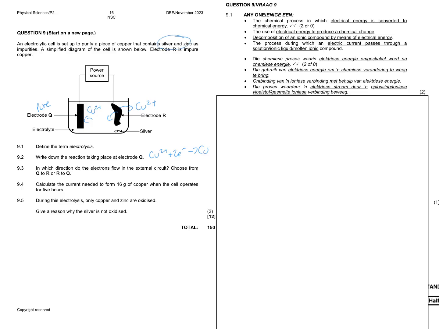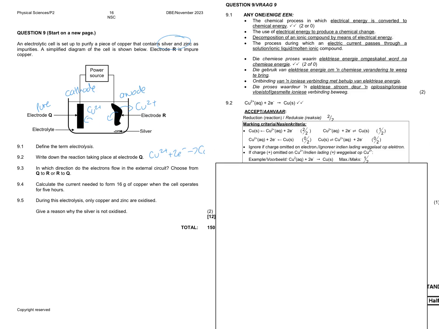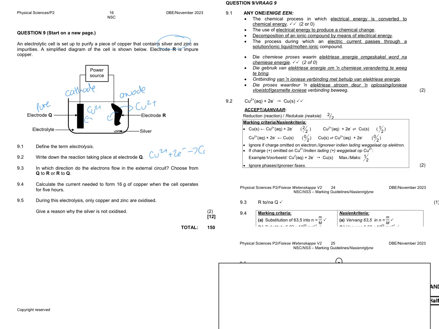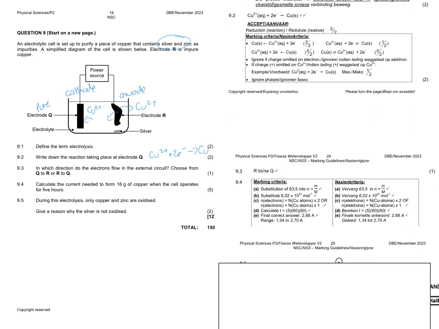Then they say in which direction do the electrons flow in the electrical circuit. So this is the anode and this is the cathode. Again, if you look on that table that I gave you, the flow of electrons is always anode to cathode.